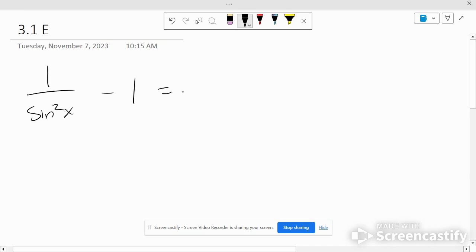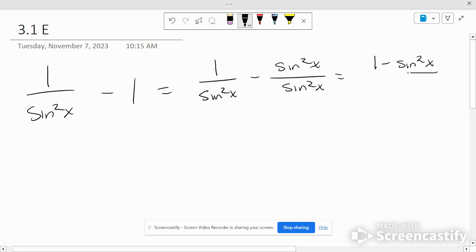How about we make a couple fractions? So it's 1 over sine squared of x minus sine squared of x over sine squared of x, which is 1 minus sine squared of x over sine squared of x.